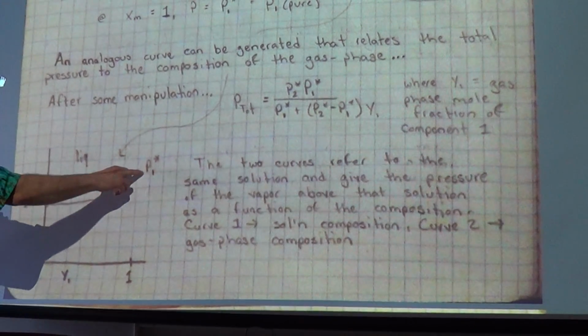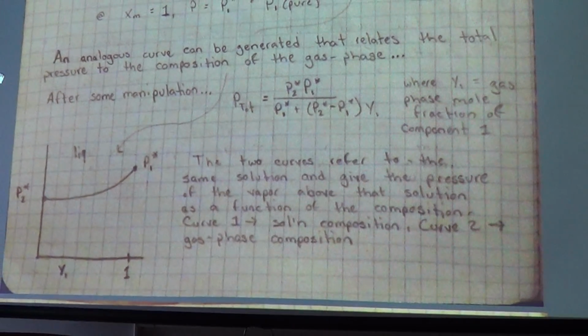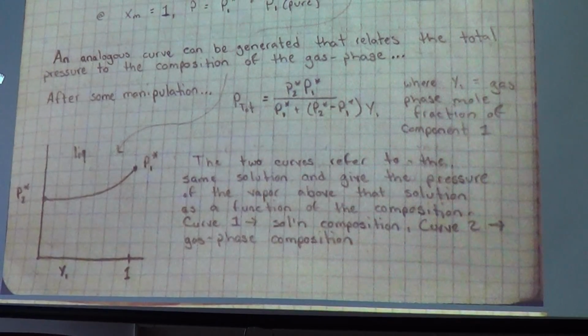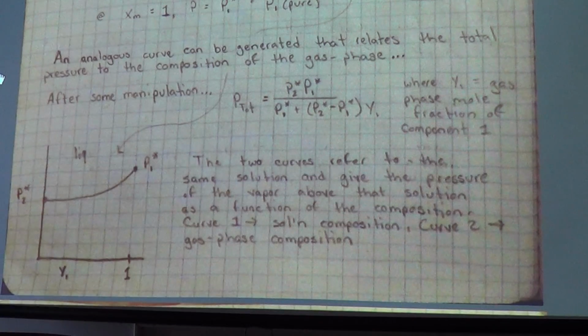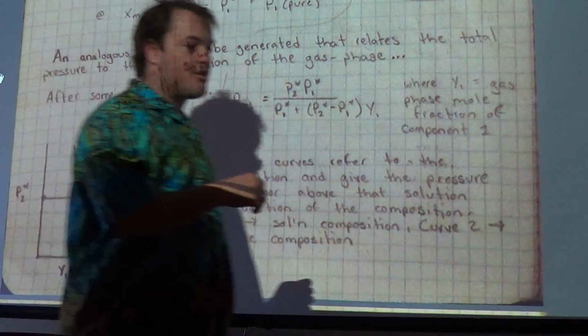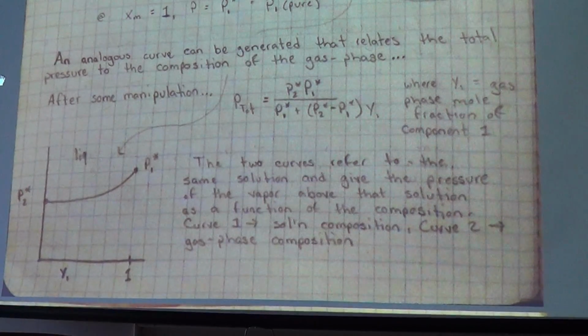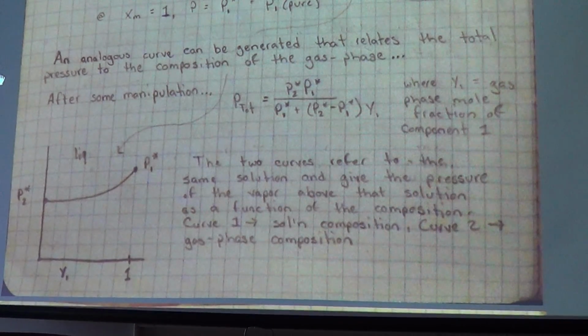So these two graphs begin and end at the same points. That makes it very easy to superimpose them. And when we do, we get a graph that makes it very easy to relate the pressure of the system and the mole fractions in the various phases.